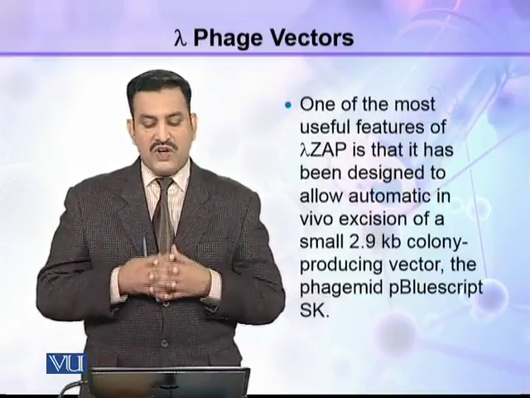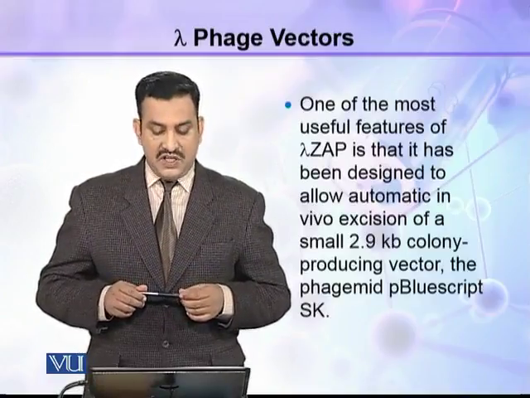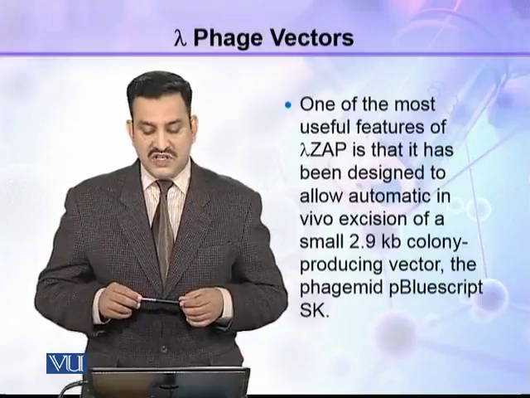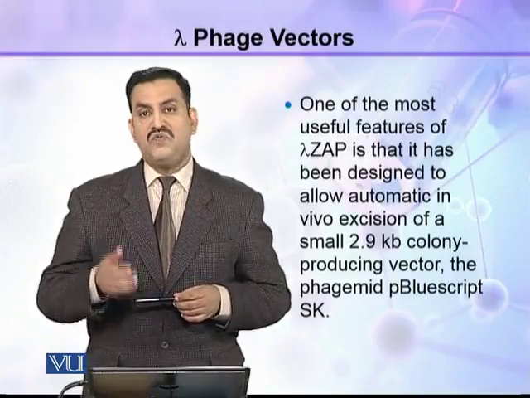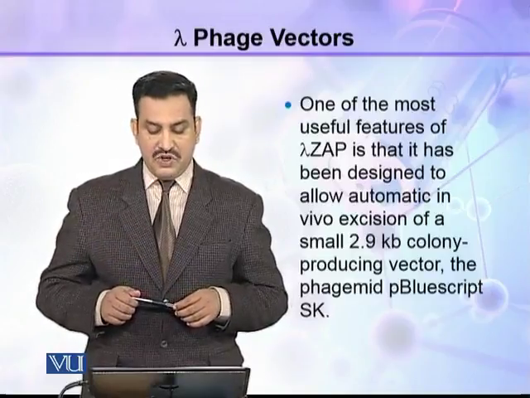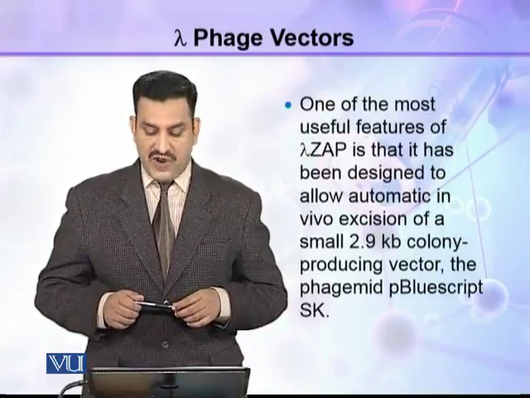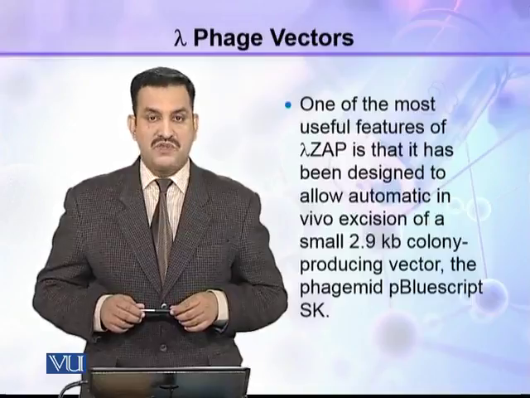One of the most useful features of lambda ZAP is that it has been designed to allow automatic in vivo excision of a small 2.9 kb colony producing vector, the phagemid pBluescript SK.